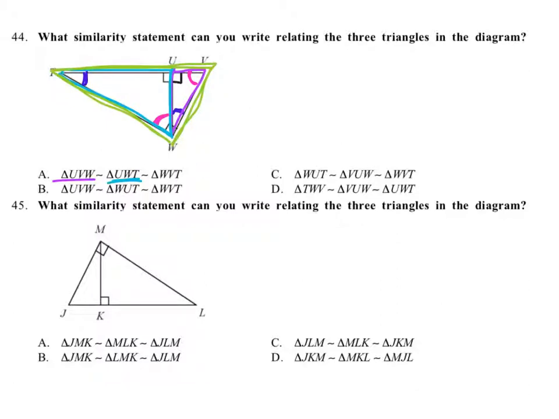Another way you could look at it, let me erase these and say it again for the small triangle. Oops, let me put that one back on in pink. For the small triangle that they name in purple, they're naming this angle first and then going in this direction, right angle to pink to blue.